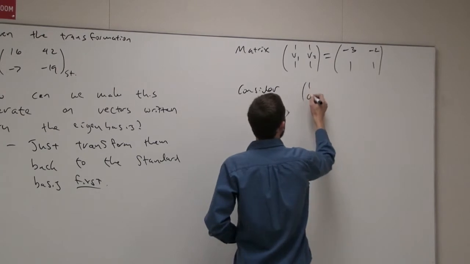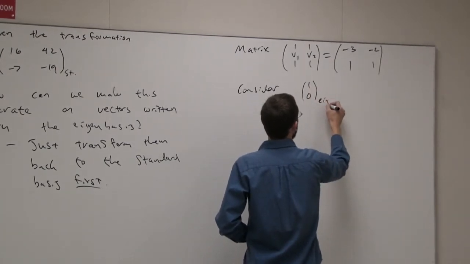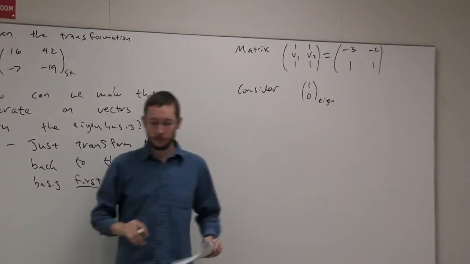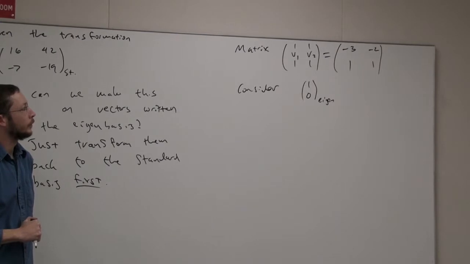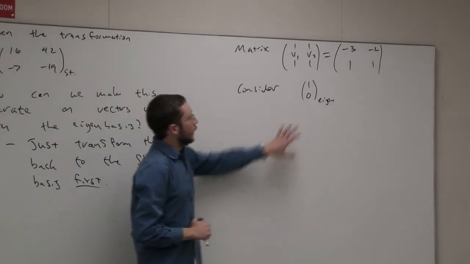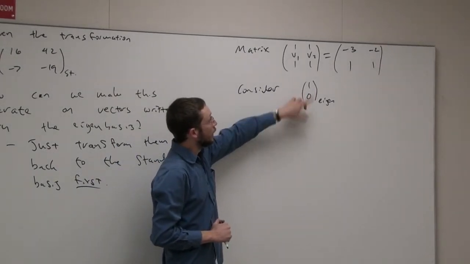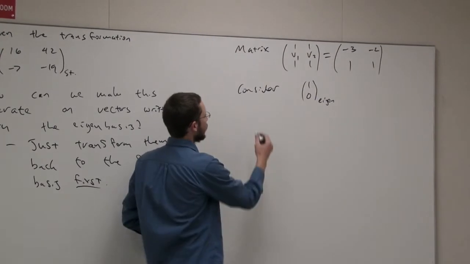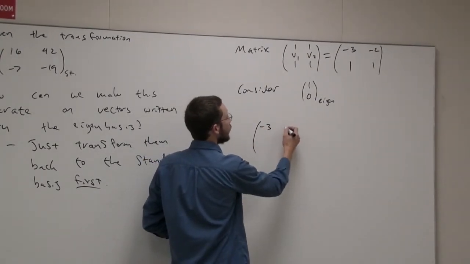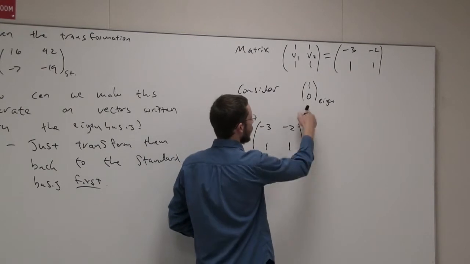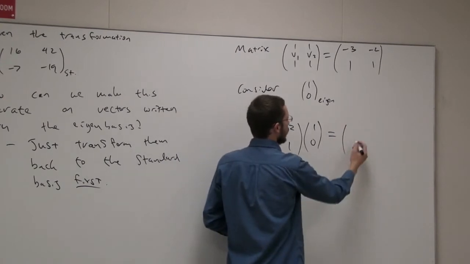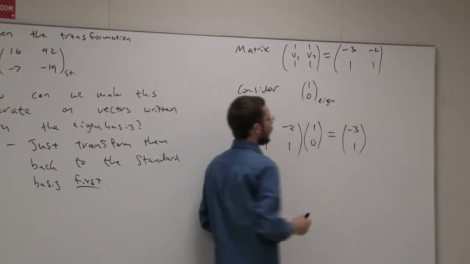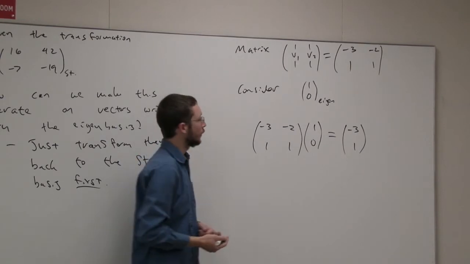Let's consider this vector 1, 0, written in terms of the eigenbasis. Then let's hit this thing with that matrix, so -3, -2, 1, 1, and what do we get? Well, matrix multiplication just gives you this column, -3, 1, and so this tells us something very simple.